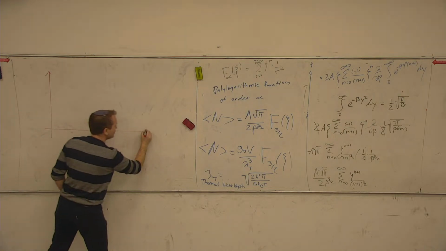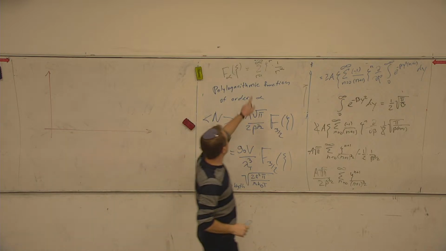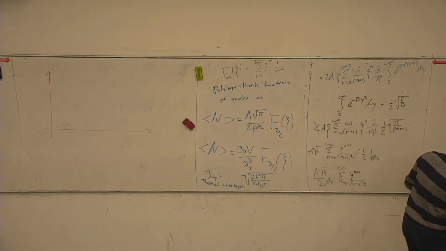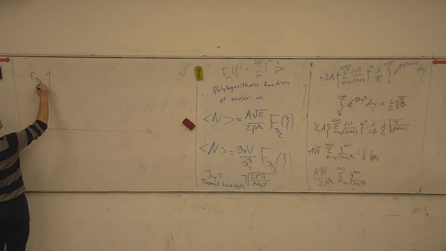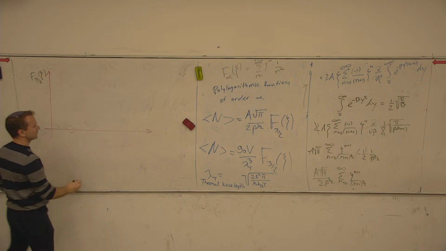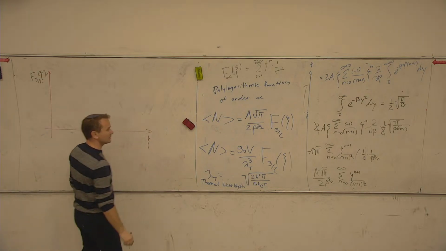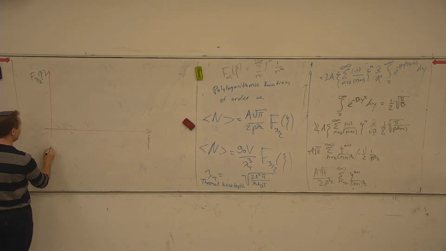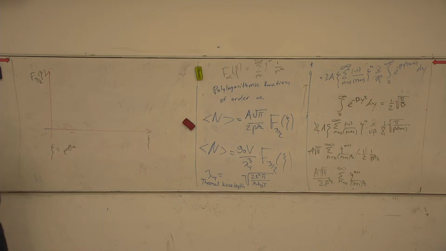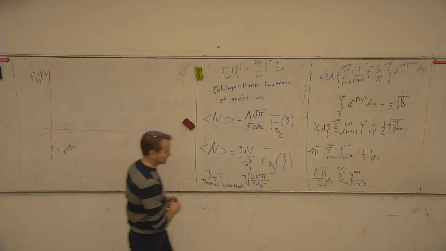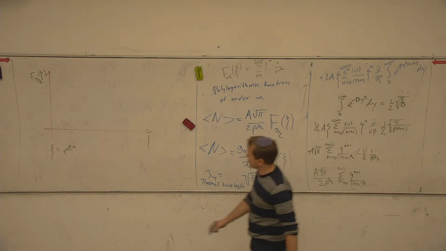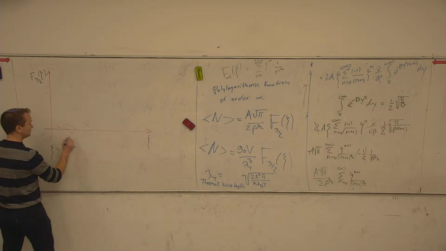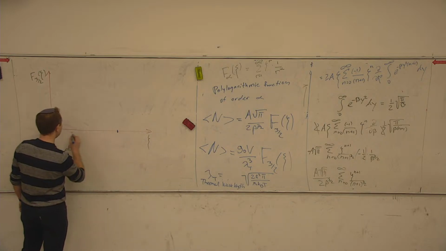Let's look at the behavior of this polylogarithmic function that we have. So this is f 3/2 of the fugacity, and here is the fugacity. I remind you that the fugacity is e to the power beta mu. This function goes like this.